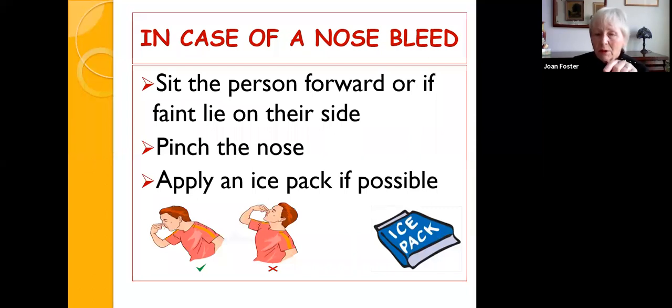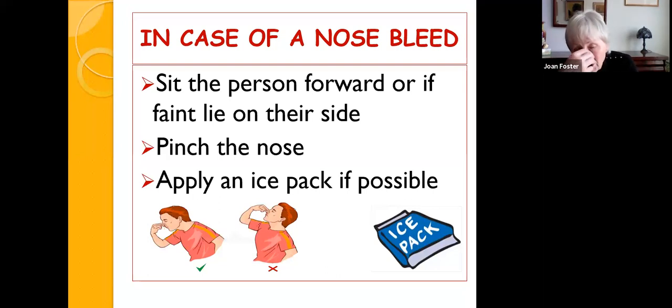Some people can react quite violently to blood being in their stomach, and they can start vomiting. If you start vomiting, all it does is increase the pressure in your head, and that makes the person have a bigger nosebleed.